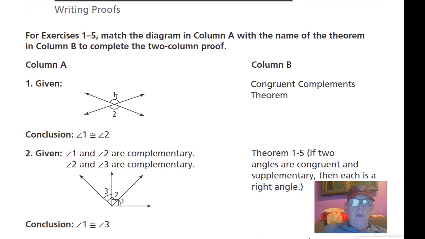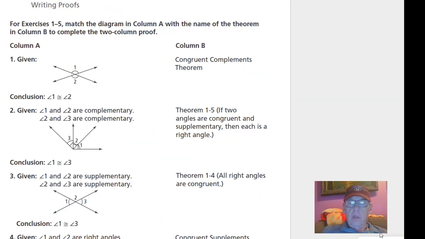Number one, our given is that we have this diagram with angle 1 and angle 2, and we want to conclude that angle 1 is congruent to angle 2. This is a pair of vertical angles. So this is our vertical angles theorem. Let's see where that is on our page here.